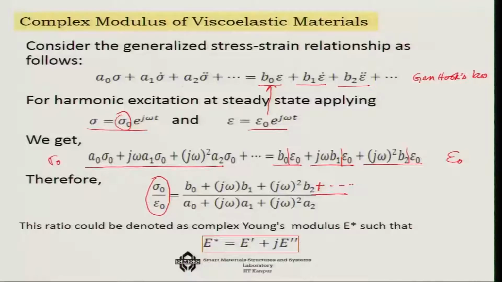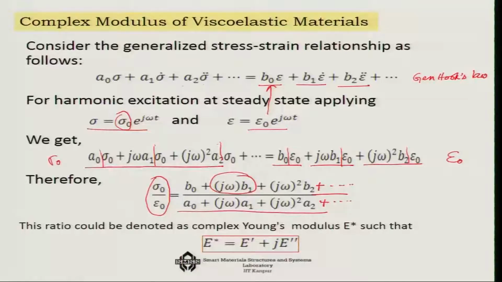Similarly, you have A0 plus j omega A1 plus j omega squared A2 as our denominator, plus some additional terms if you wish to go on. So, what does this mean? It means that our numerator is a complex quantity, because it has an imaginary part in it. So it is complex, and our denominator is also complex.